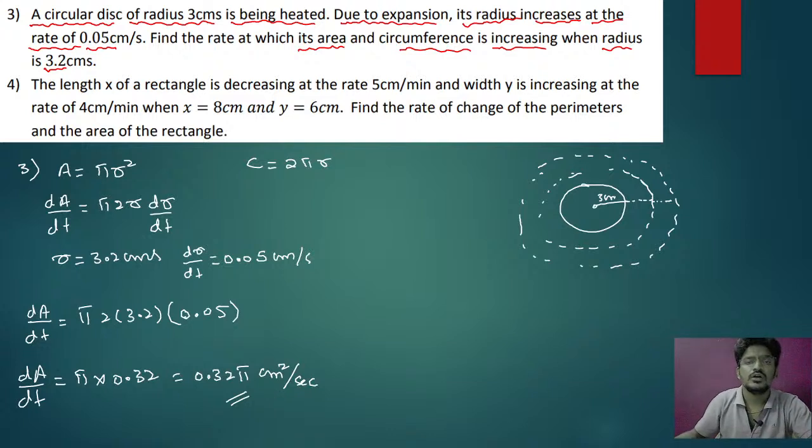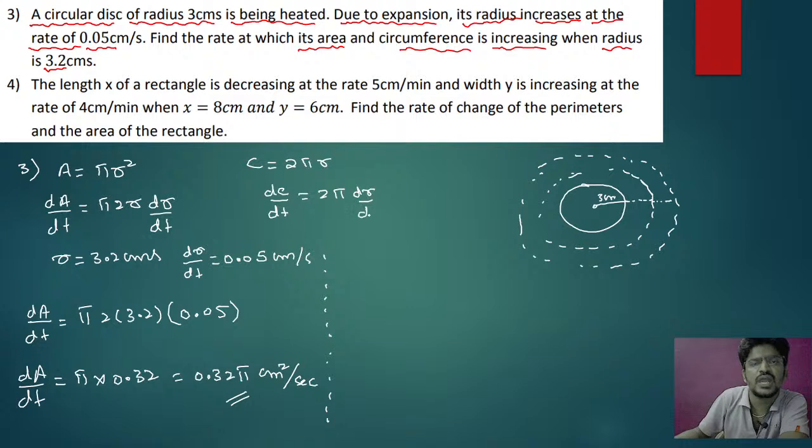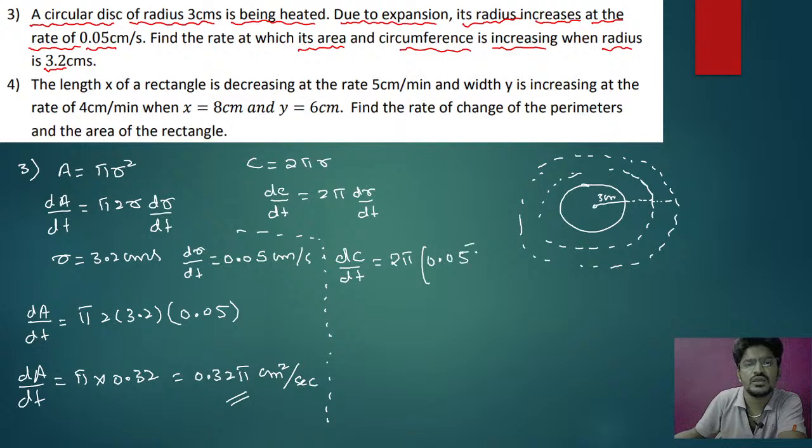Okay. In the same way, I will go for the circumference. The rate of change of circumference will be dC by dt equal to 2 pi dr by dt. Now dr by dt is 0.05.